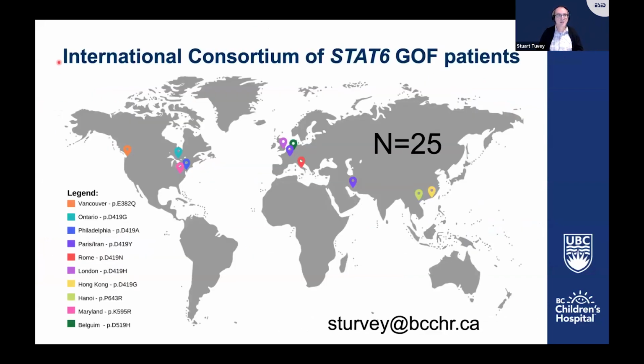So with that, I'd just like to end by saying we're really looking to expand the phenotype of patients with STAT6 gain-of-function disease. We have at least 25 of those discovered. And so I would encourage you to look for this in your patients with this phenotype. And please reach out if you have any questions or we can help work those up. And with that, I will end and say thank you.